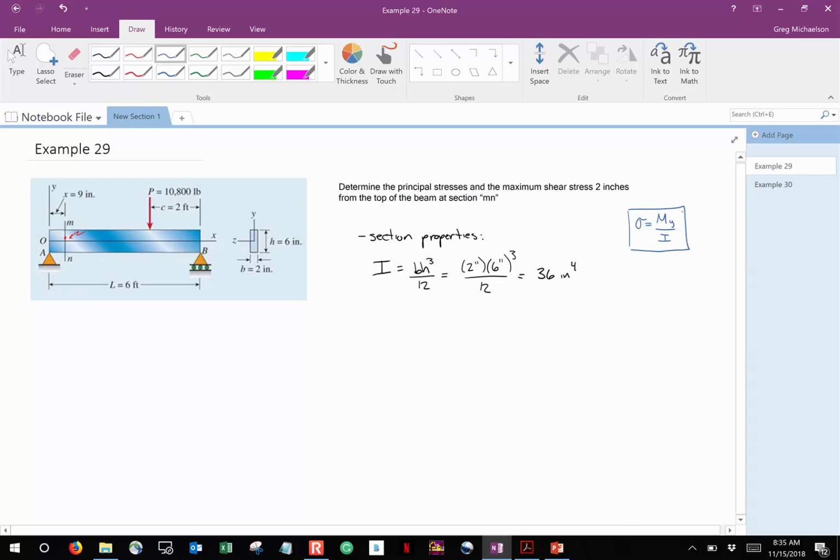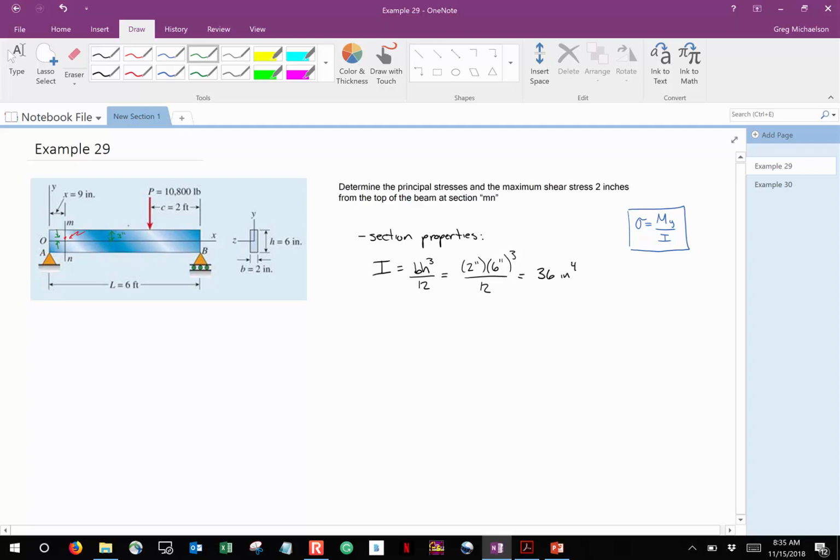Remember, y is the distance from the centroid to the point in question. So what we're really looking for, if you look at the beam, is that distance right there. So how far is it from the centroid to the point in question? Well, from the centroid to the very top, this distance right here, that distance is 3 inches.